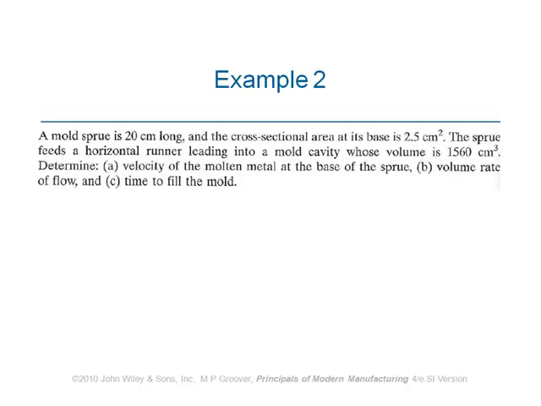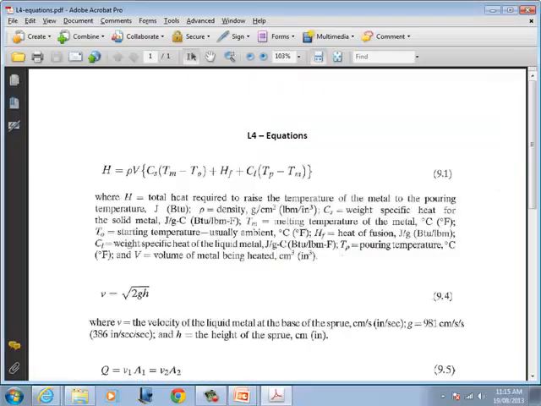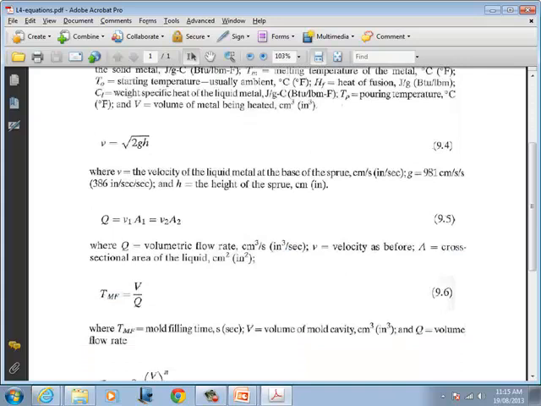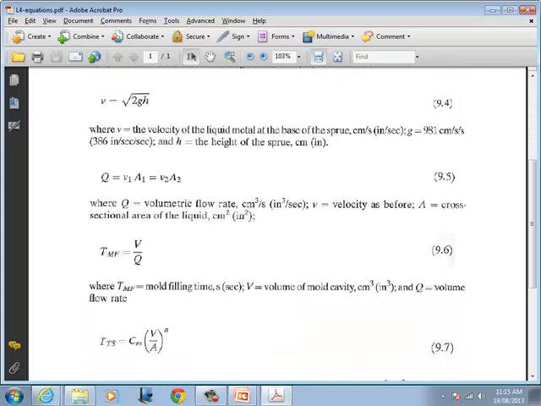These are the things that we've got to compute on the basis of the information that we have in the equation sheet, which I have also uploaded on the Blackboard. Read the equations also, and then try to see if you can do the problem yourself before I expose the solution to you.